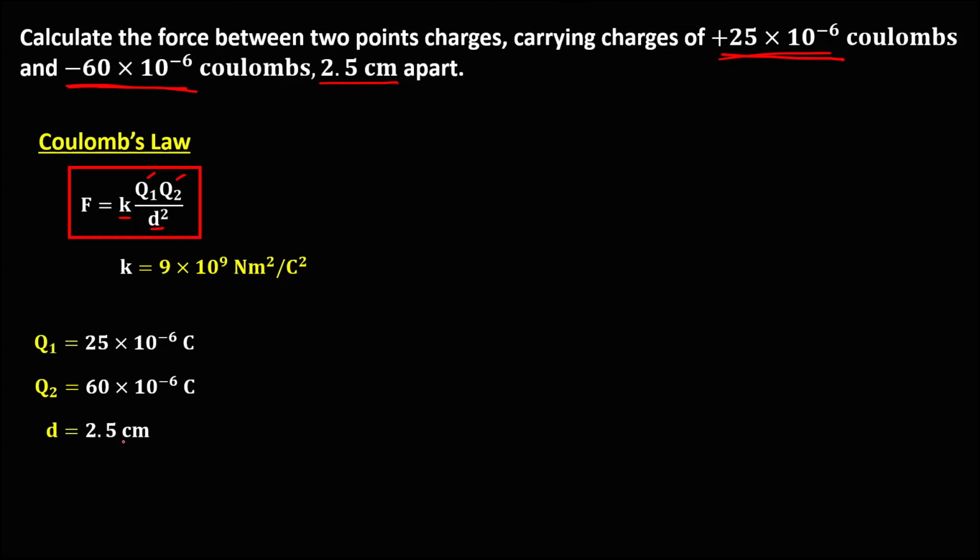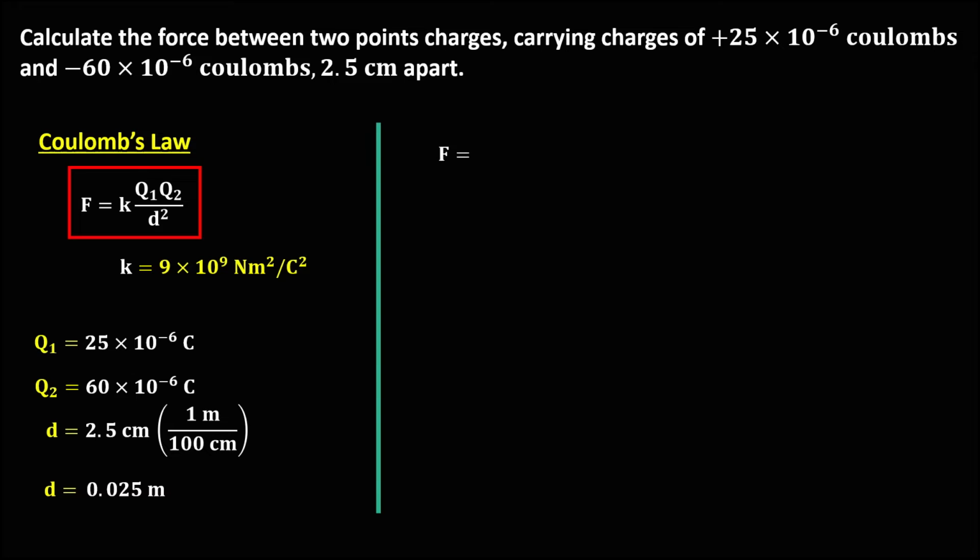But we need to convert these centimeters to meters, since 1 meter is equal to 100 centimeters. So cancel. Now we have the distance in meters, 2.5 divided by 100. So this is 0.025 meter.